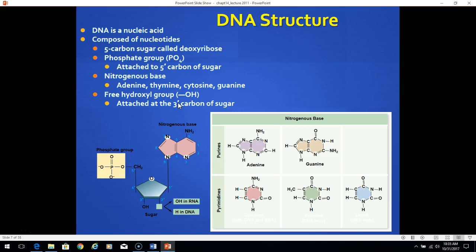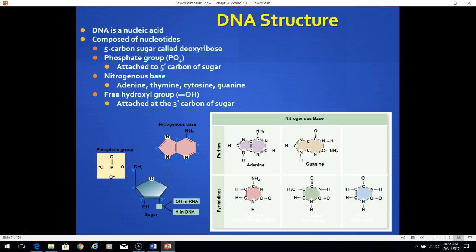So when we look back at the DNA structure, these are things that we've already focused on a little bit in the previous chapters. I believe in chapter 3 when we looked at macromolecules. DNA is the nucleic acid, so it is one of the 4 major macromolecules with lipids, carbohydrates, and proteins.